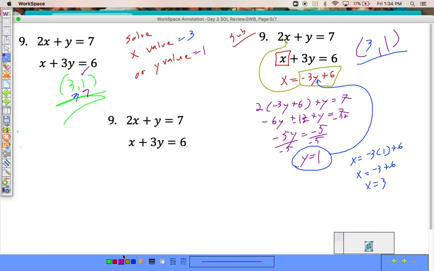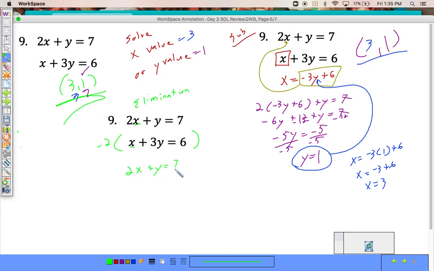This time, we're going to do elimination. All right, so we're going to pick a variable to get rid of, and I'm just going to choose x's. I'm going to force my x's to cancel. To do that, I'm going to multiply this bottom line by -2 to force them to cancel.